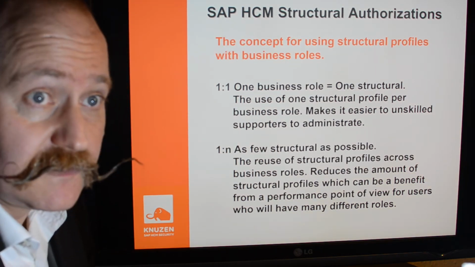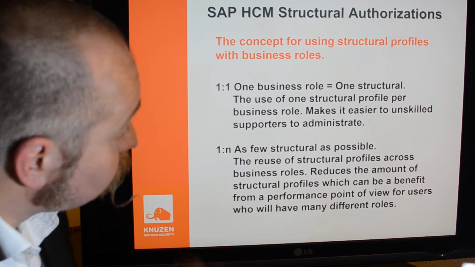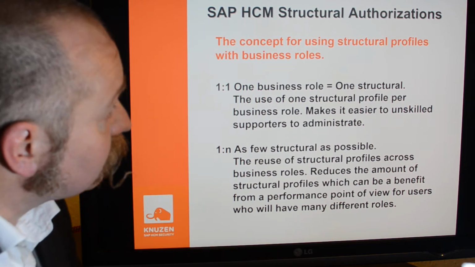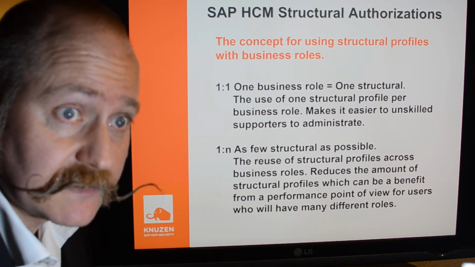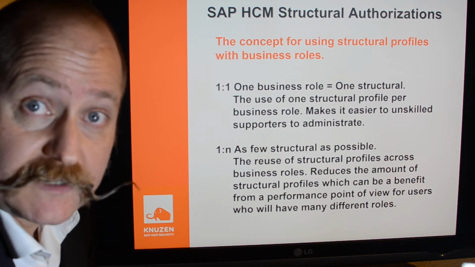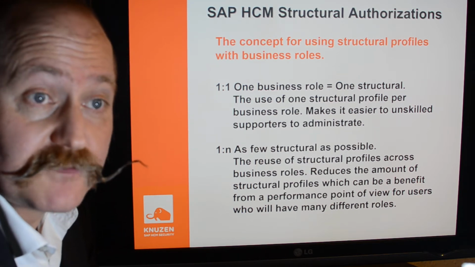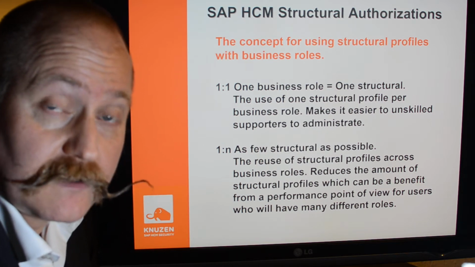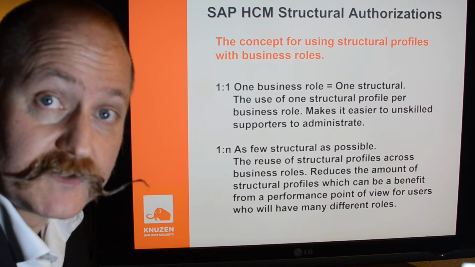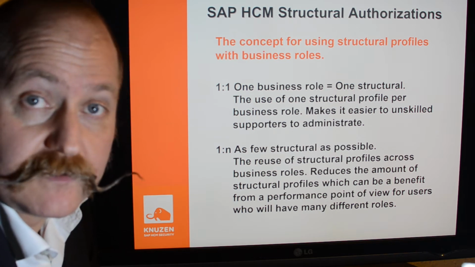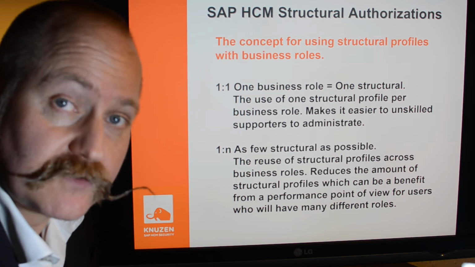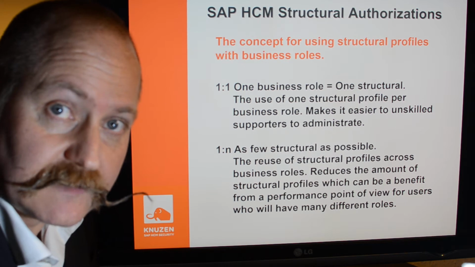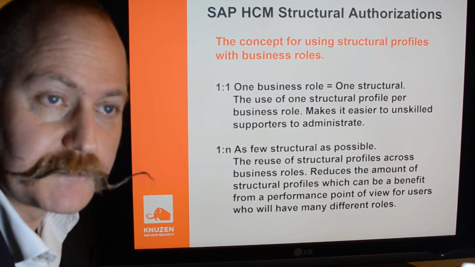We have some concepts which we are using when we're setting up the structural authorizations. The first one is the one-to-one principle. This is where you have one business role and one structural profile together. So each time you have a new business role, you will also create a new structural profile if you need structural access.